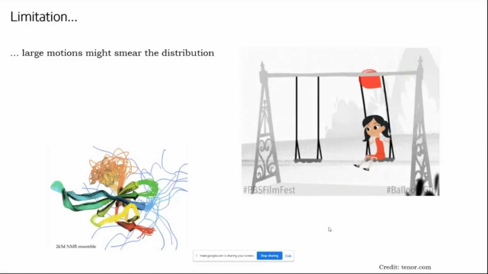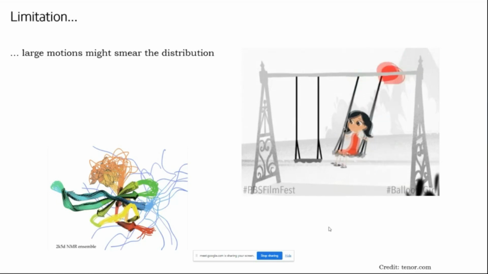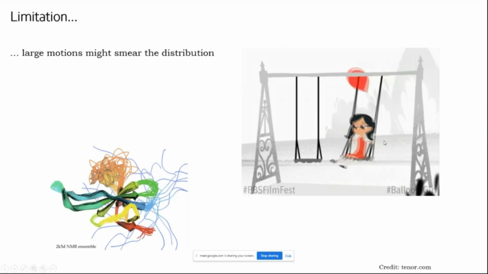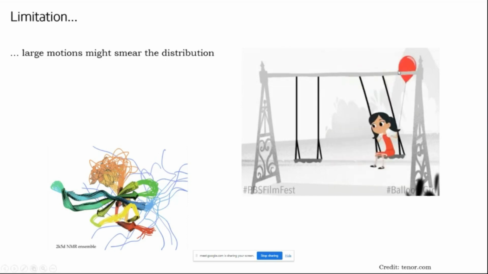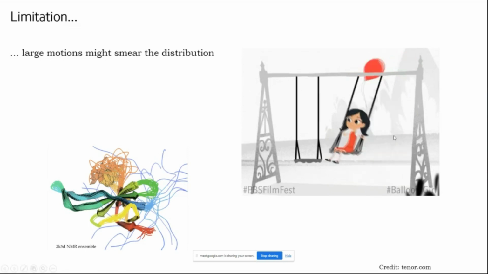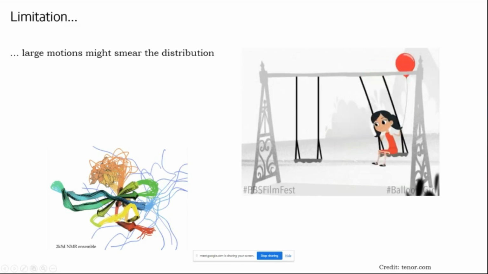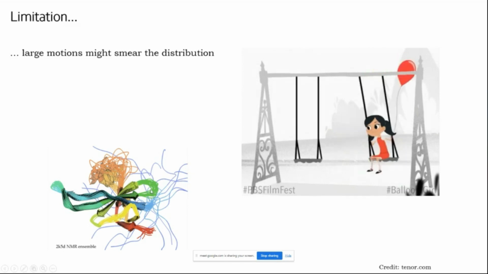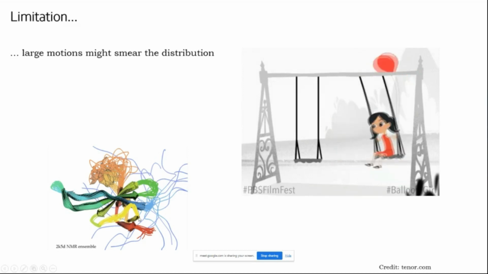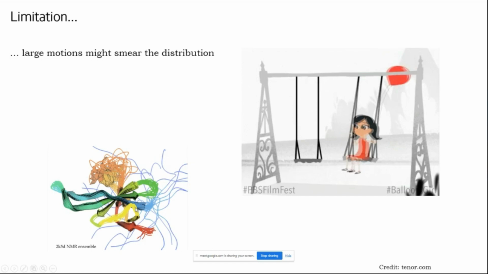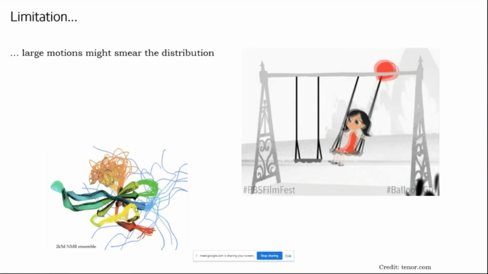And whatever cutoff you might put, that may not make any sense, because you have to remember, there is not just one balloon that is floating around. What we are looking for is that particular balloon that is associated, something that she is actually holding. In physiological or cellular conditions, or even in simulation conditions, this protein is sitting in thousands and zillions of water, whether it is experimental or theoretical.